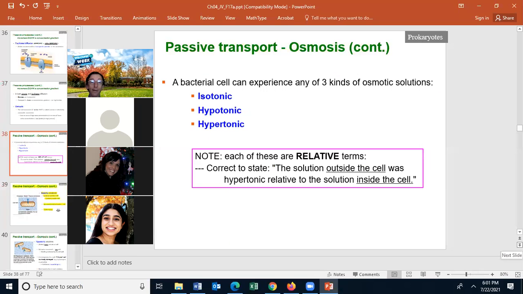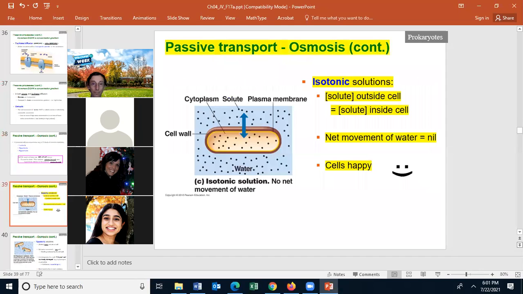All right, so a cell can find itself in 3 osmotic solutions: an isotonic solution, a hypotonic solution, and a hypertonic solution. Note that these are relative terms, so you should say that the solution outside the cell was hypertonic relative to the solution inside the cell. In an isotonic solution, the concentration of solute outside the cell is equal to the concentration of solute inside the cell.